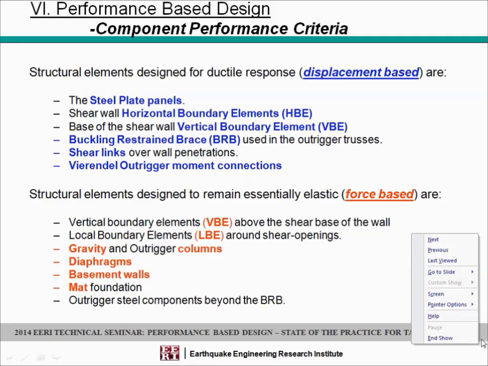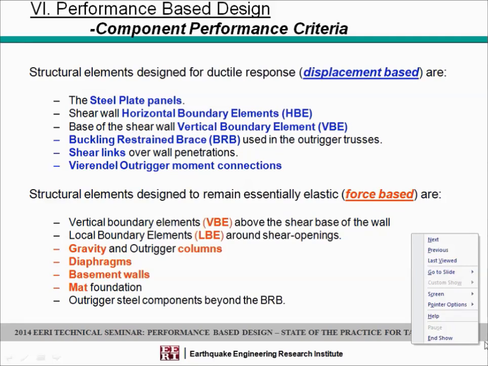The structural elements designed to remain essentially elastic are the force-based, which are your VBE above the shear base, the shear wall base, the local boundary elements. Local boundary elements, you've seen them in the diagram when we had to put doors between two units, secondary local boundary elements, not the main primary vertical column of the entire grid of the building.